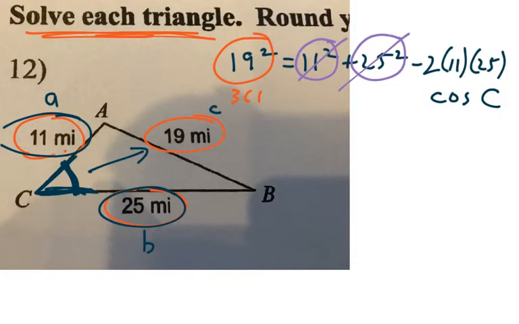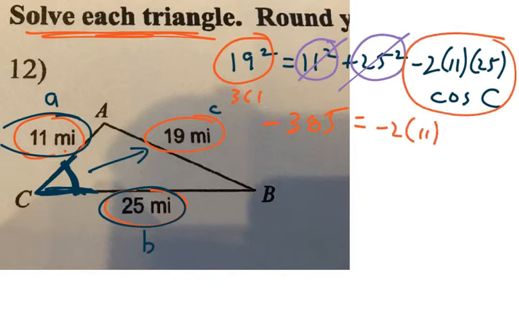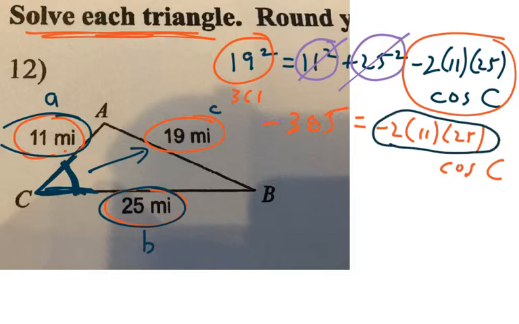So what I have now is negative 385. That's going to equal this right here: negative 2 times 11 times 25, cosine of our missing angle C. Now what I'm going to do next is do all of this in my calculator and get that value.